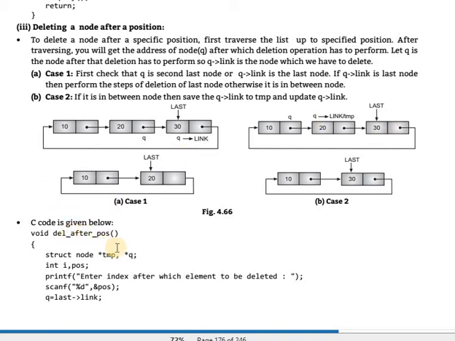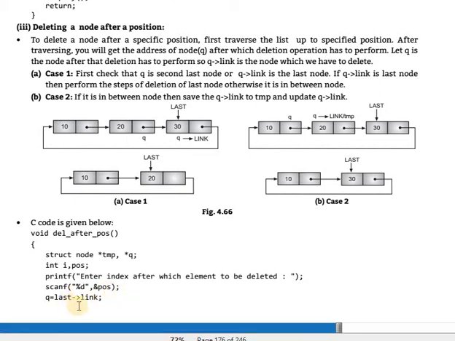In the C code given below, in the function delete after position, struct node pointer variables temp and q are taken. After that, the variables i and pos are taken for execution purposes. After that, enter the index after which the element will be deleted. That specific position is entered in the pos variable.